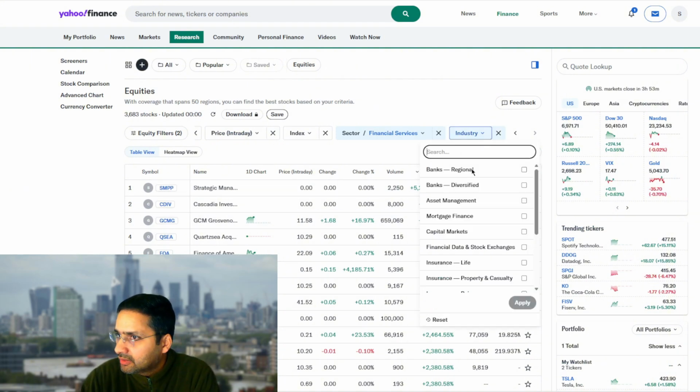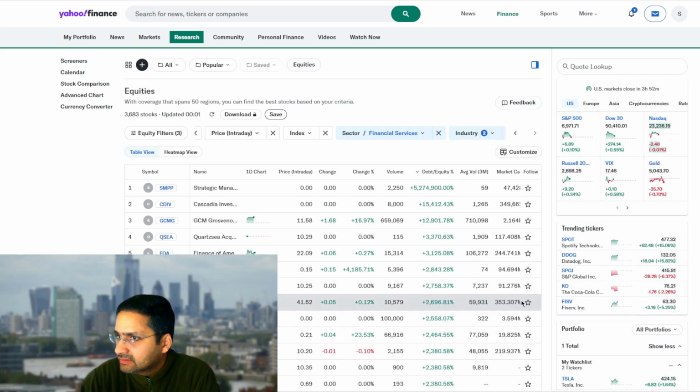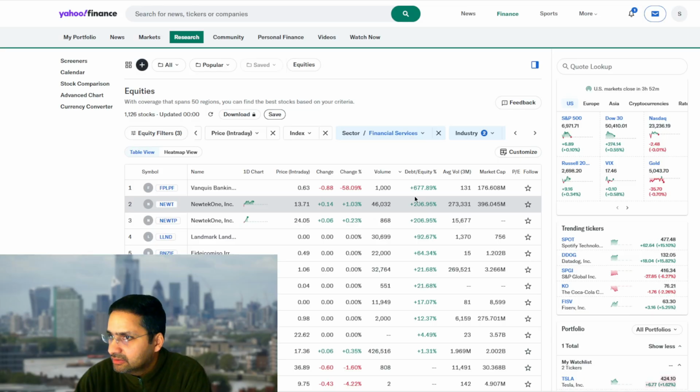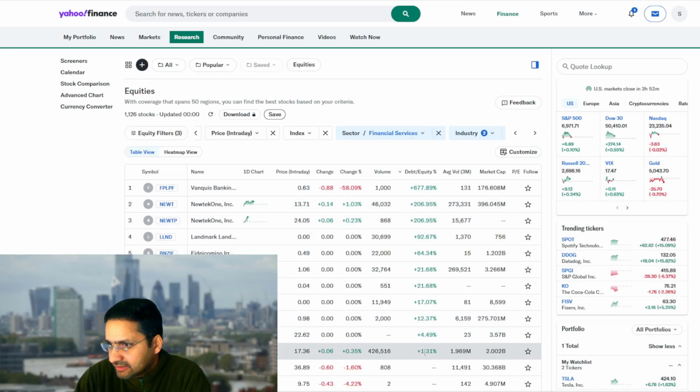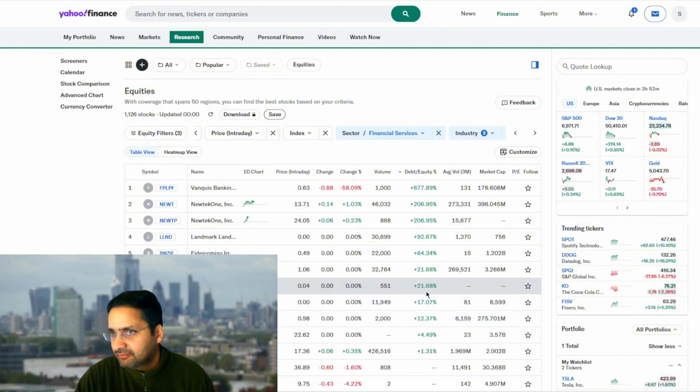However, if you just filter down banks in the industry, you'll see a range of debt to equity where this is something in a good range, and even these are fine.